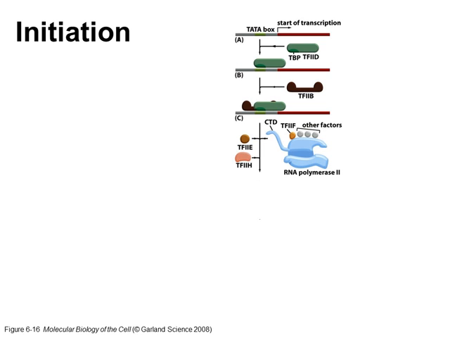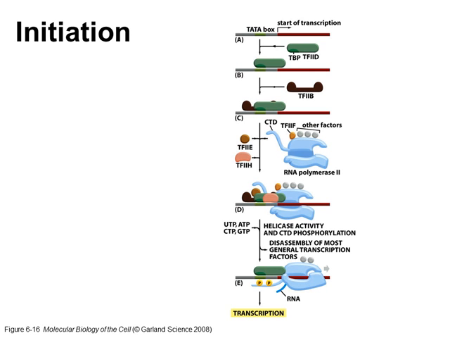That's the secret, at the right place. That triggers the assembly of the RNA polymerase and a slew of hangers-on, which we don't have to memorize all the names of. The purpose of all this is to get the polymerase in the right place to begin the synthesis of the RNA. Now, once this is in the right place, helicase activity begins to open up the DNA.